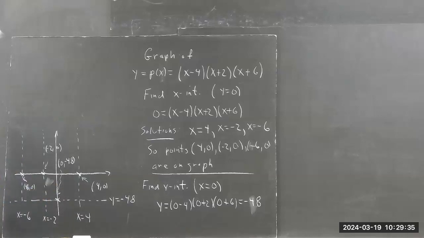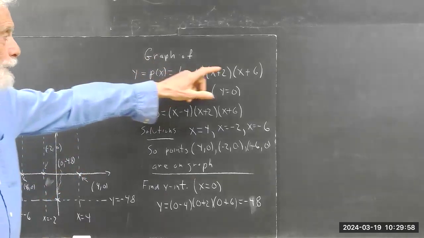Now, the task is, well, we've got to have a curve that goes through all of these points. It also can't go through the x-axis anywhere else, and it can't go through the y-axis anywhere else. It can only go through the x-axis if you use a value of x that makes this expression 0.